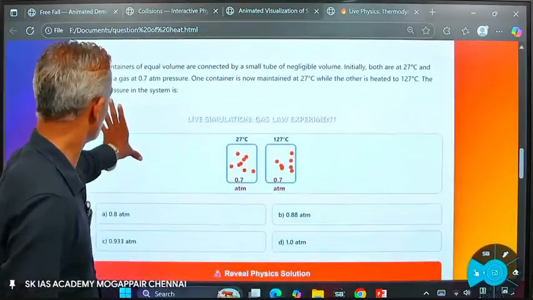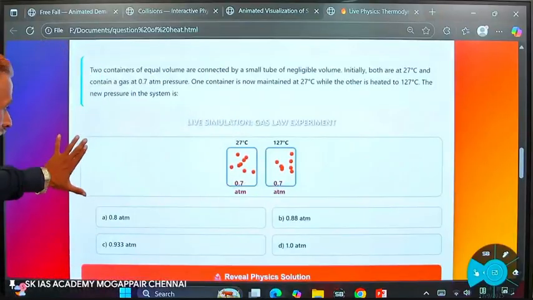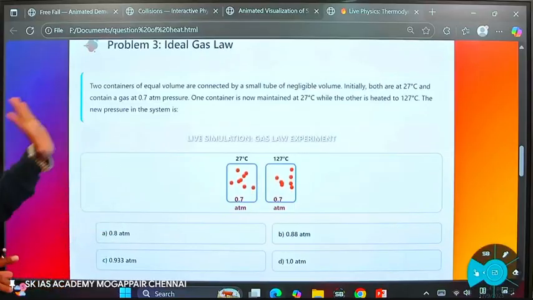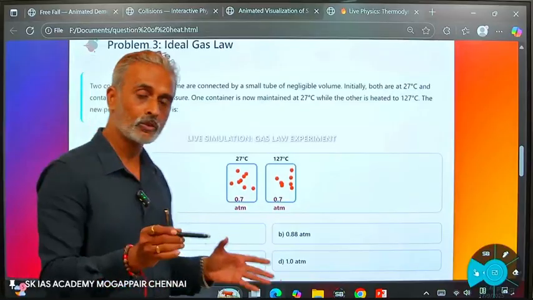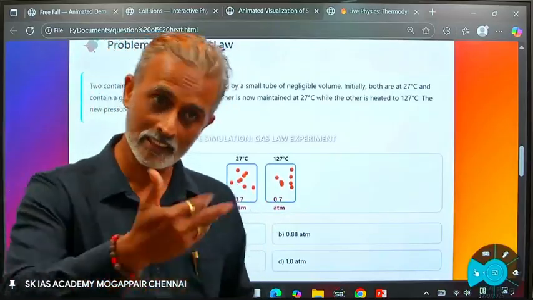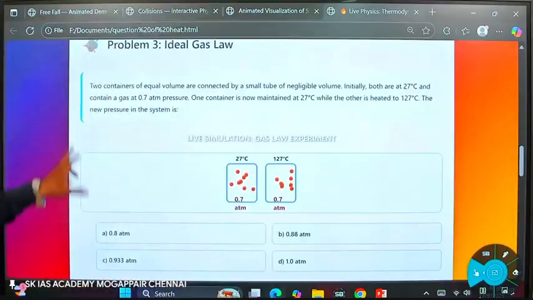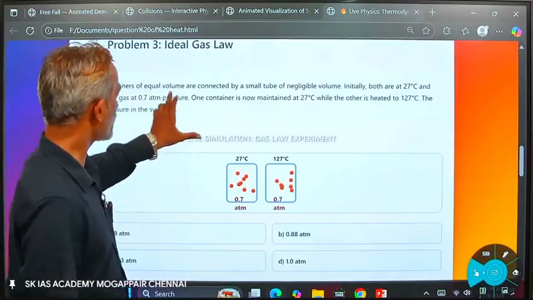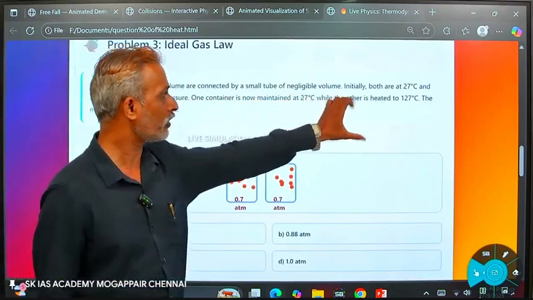See, suppose this is a question, correct? It was already asked in the IIT. Two containers of equal volume, just try to understand. I will teach you. I know that you have missed the class. So this is the question: two containers of equal volume are connected by a small tube of negligible volume.